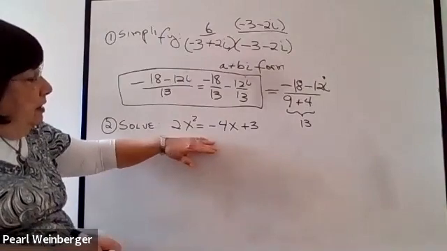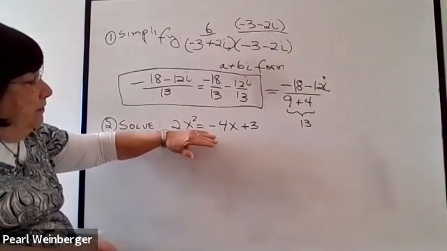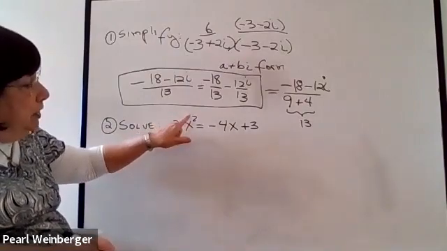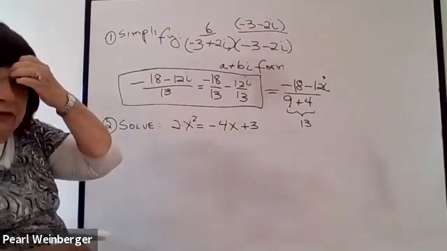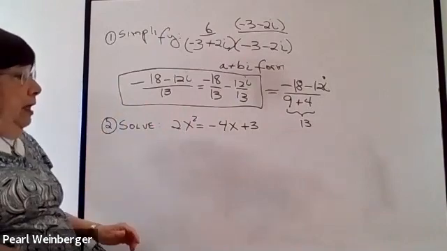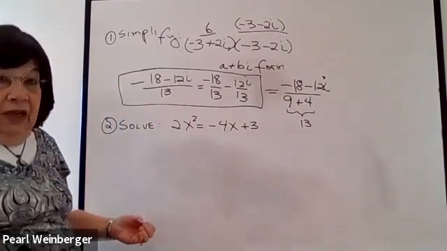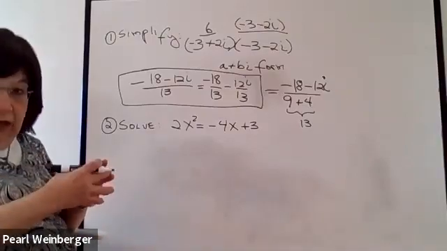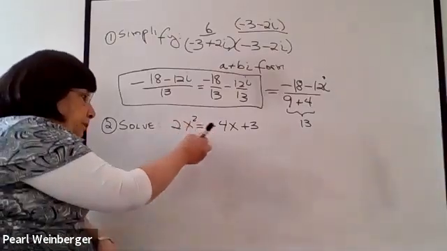We're asked to solve this quadratic equation. We know it's a quadratic equation because it has an x squared in it. And the first step in solving a quadratic equation is to get everything on one side equaling 0.